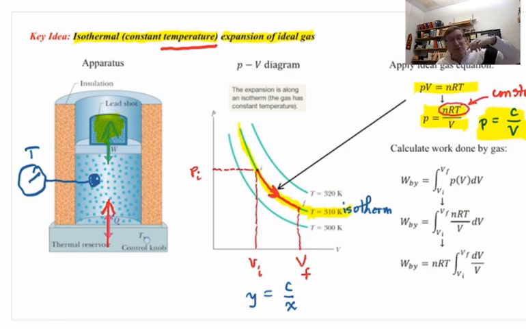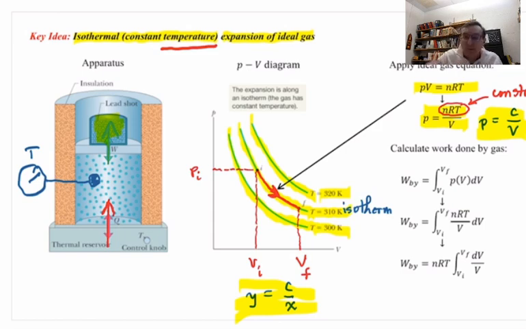Higher temperatures correspond to isotherm curves that are higher, and lower temperatures correspond to isotherm curves that are lower. So you see there's another isotherm curve drawn. It's still just a hyperbola with that formula, but now it corresponds to a higher temperature, 320 Kelvin. And there's a lower isotherm drawn, which is another hyperbola, but for a lower temperature, 300 Kelvin. So in an isothermal process, the system follows what's called an isotherm.